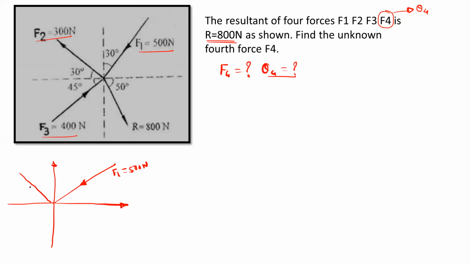Then the second force is F2, that is equal to 300 Newton. Then this is F3, 400 Newton. This is 45 degree, this is 30 degree, and this is 30 degree.